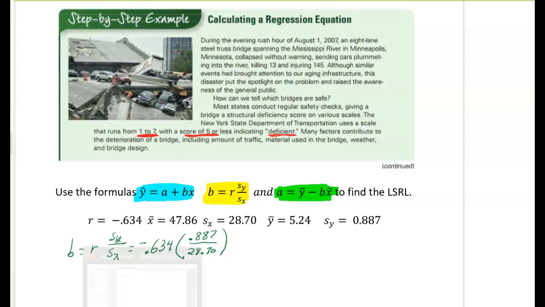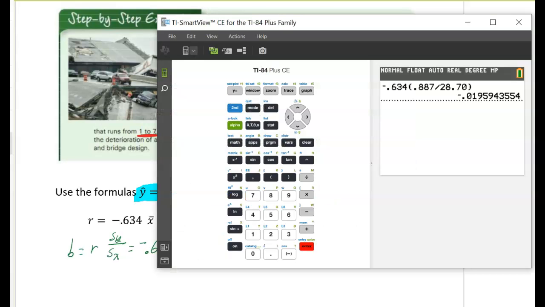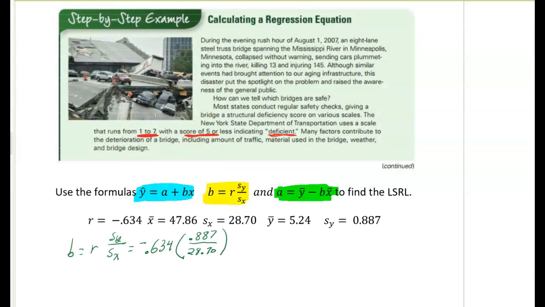When you do that on your calculator, I typed that in and I came up with negative 0.0196 roughly. So I'm going to write that down. That b is approximately negative 0.0196.